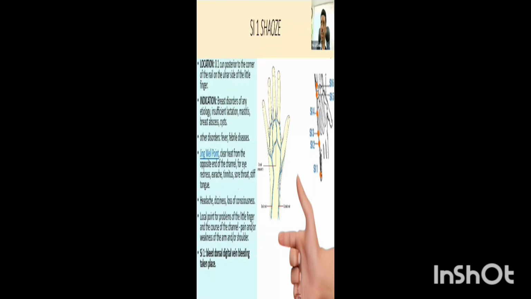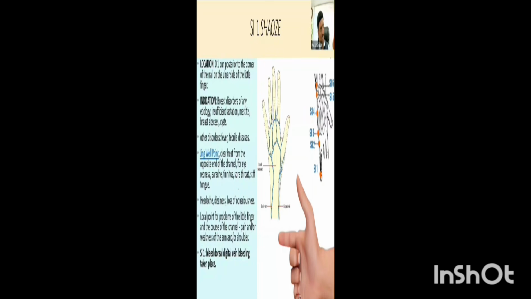So SI1, we keep two conditions in mind. There are two points here. Taiwan philosophy also says the SI1 point is a good point. Shaoze is the one point, also called Huo Xi. Huo means fire, Xi means cleft. A fire cleft point as well.